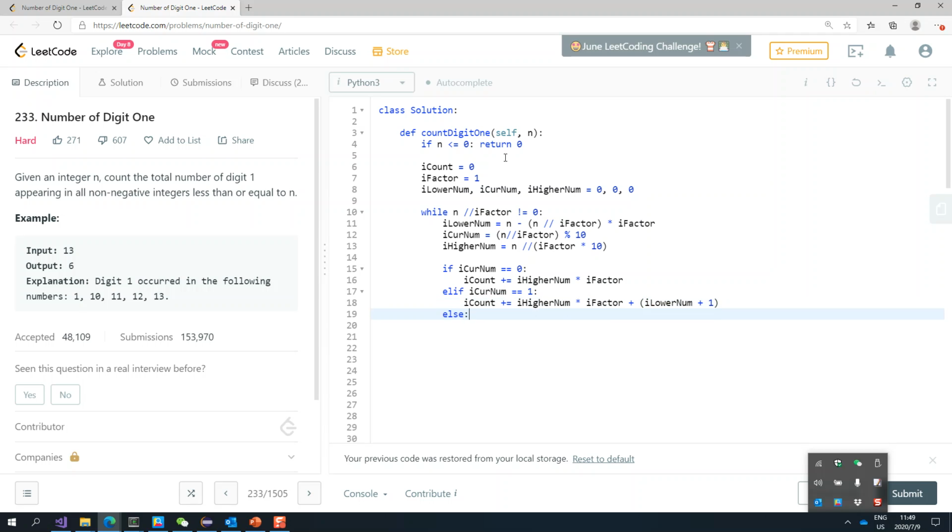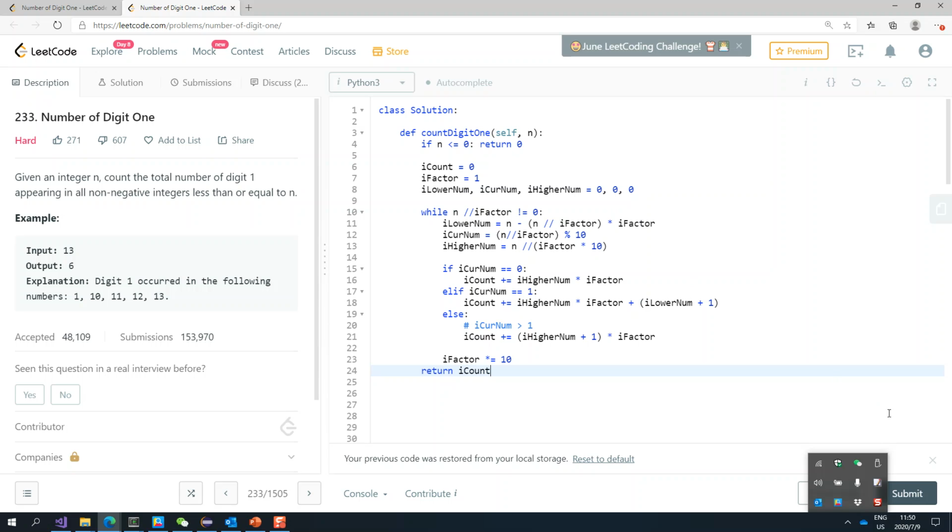And the final case means the current number is larger than 1, so we have another additional subset: higher number plus 1 times the factor. Finally we need to update the factor, and then I return the count.